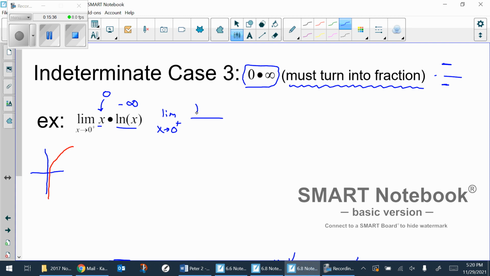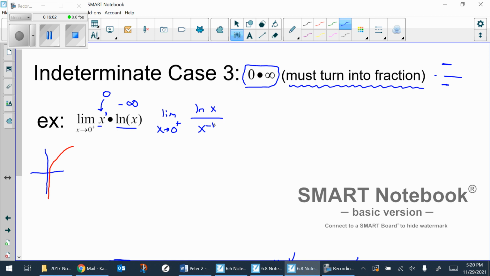Natural log, I'm going to keep you right where you are, right up here on top. But this x to the first could be driven down to the bottom as x to the negative 1. X's are pretty easy to move that way. If you want to drive it to the bottom, just make the exponent negative.